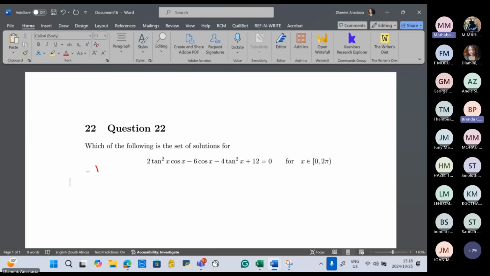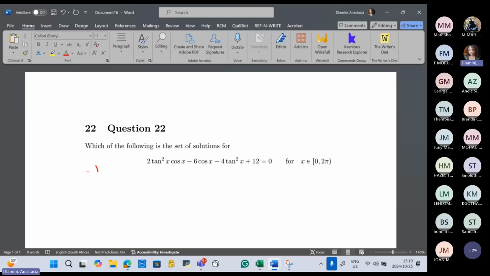So 12 doesn't have 10. If we factor out 10 squared, then what? Like there's 6 cos x. You'll write 2 cos x into tan squared x minus 3, you close bracket, minus 4.